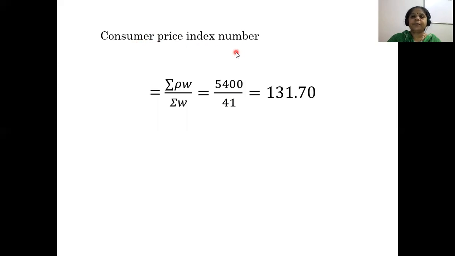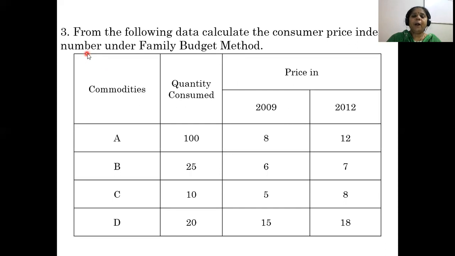Okay, students. Now, from the following data, calculate consumer price index number under family budget method. See, quantity consumed is given, price in 2009 and 2012 given. They have not mentioned which is the base year and which is the current year. So 2009 is the base year, 2012 is the current year.